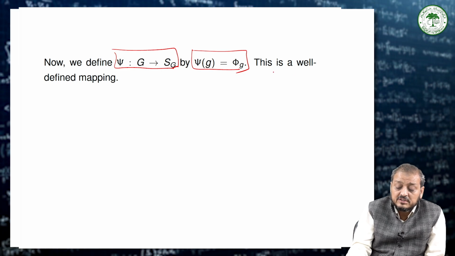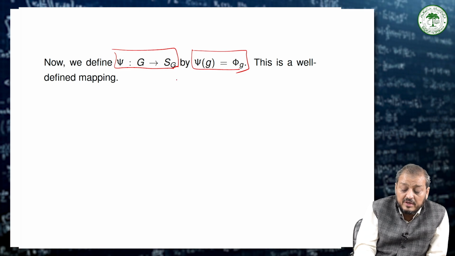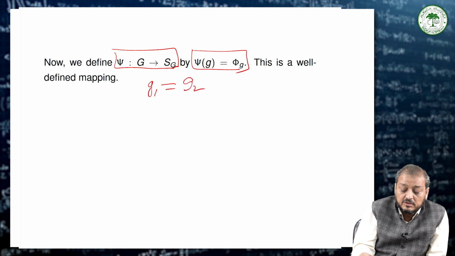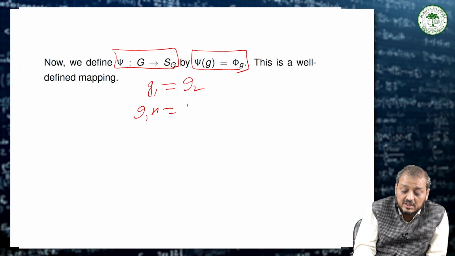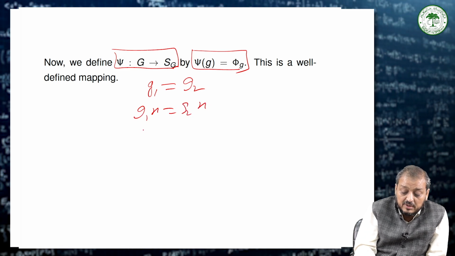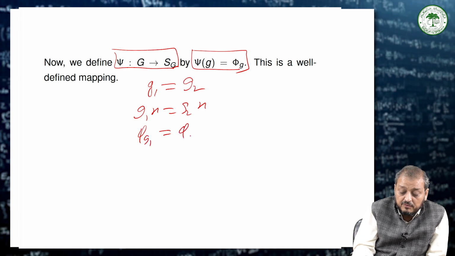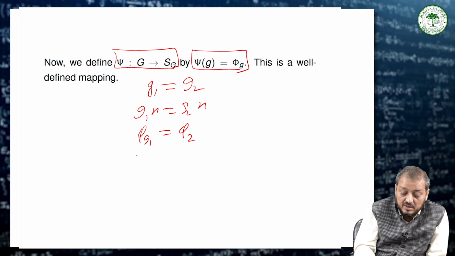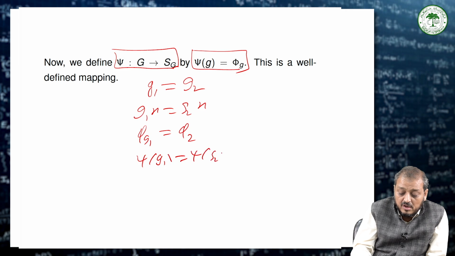First, we show this mapping is well defined. Take any two elements with g1 equal to g2. Then g1 of x is the same as g2 of x, so phi of g1 is the same as phi of g2, and this means psi of g1 is equal to psi of g2.